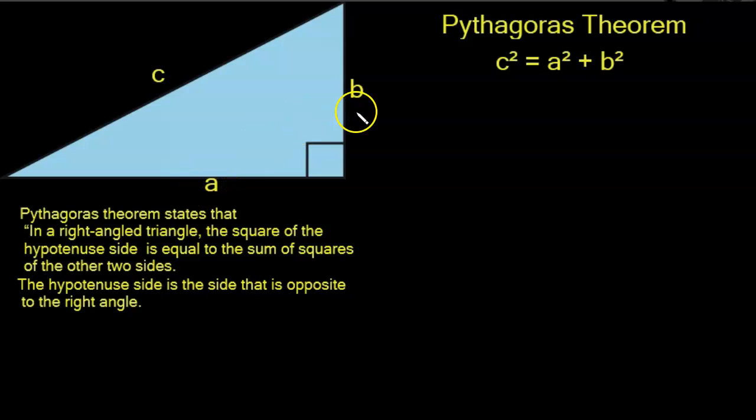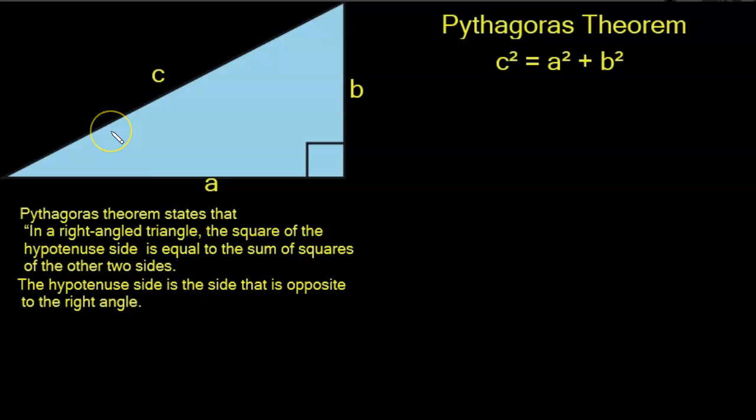You could use X and Y and Z, L, M, N, J, K, any letter you want to use to represent them. But for this instance, we're just using these letters to give you the essence of what Pythagoras Theorem says. This side square, that's the hypotenuse side square, and the hypotenuse side is the side opposite to the right angle. So the hypotenuse side square, C square, is equal to A square plus B square.